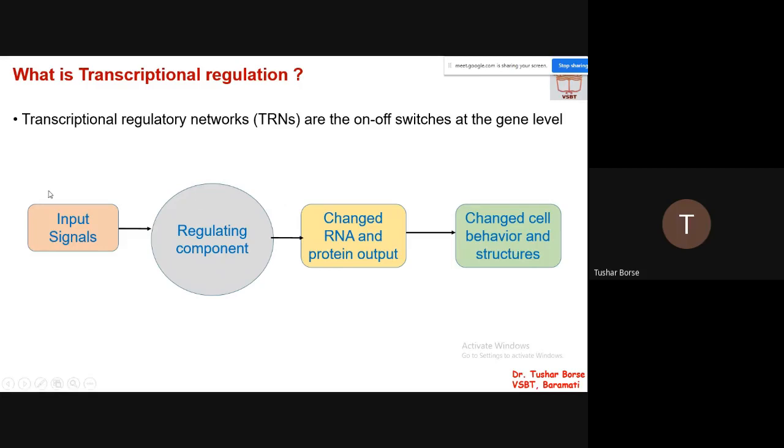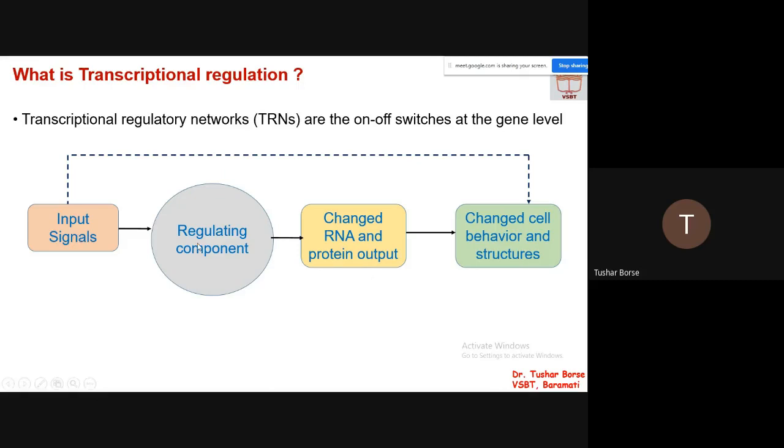Right. So it is the input signal which is affecting the behavior of the cell, and that is through this regulating component, which can bring about a change in the RNA and protein output. So the input signal is going to affect the phenotype of that particular organism.